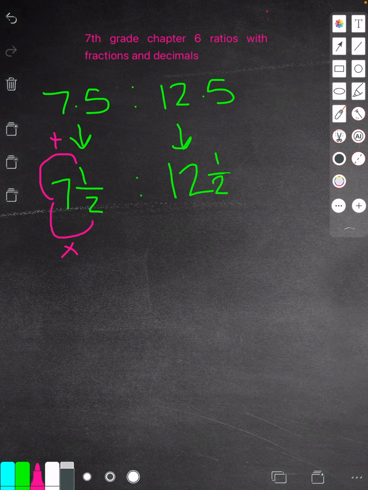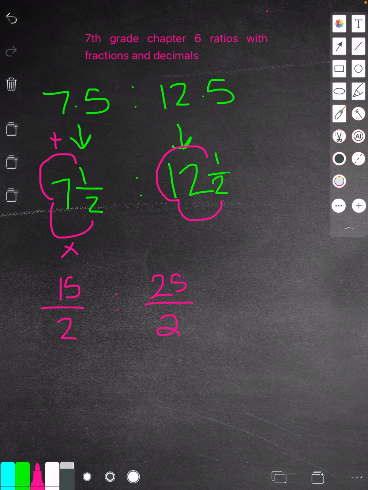So I'll start with the 2. 2 times 7 is 14. 14 plus 1 is 15. And I know that it's over 2 because the number of pieces in my whole did not change. Here we go again. Multiply, add, and then drag our denominator.